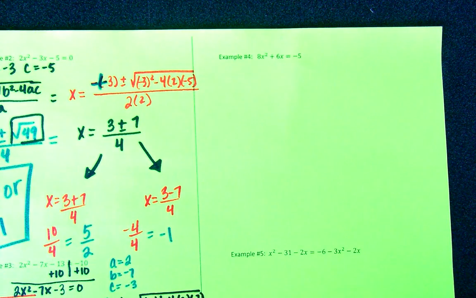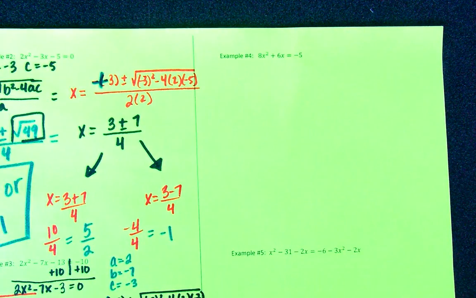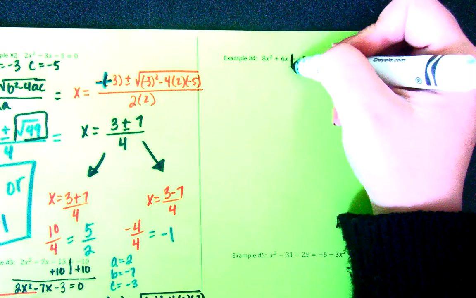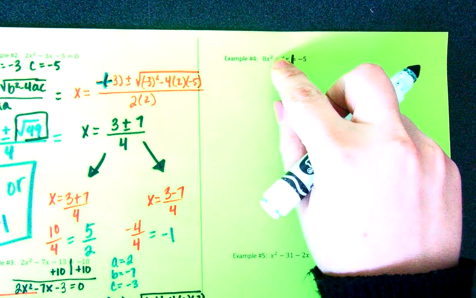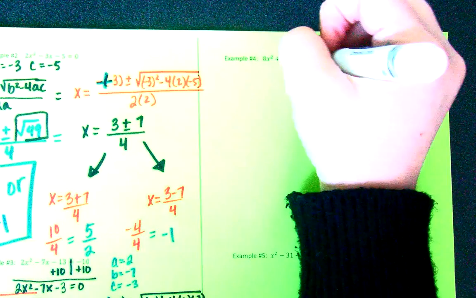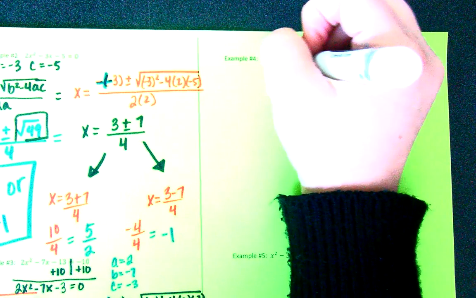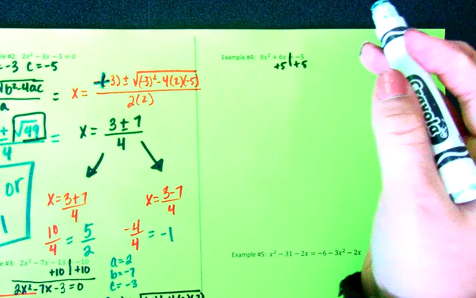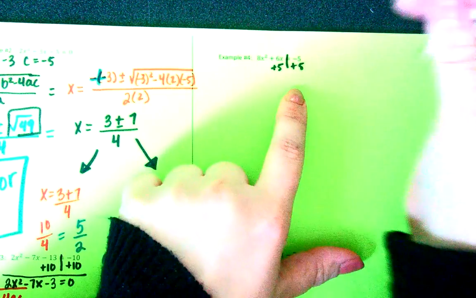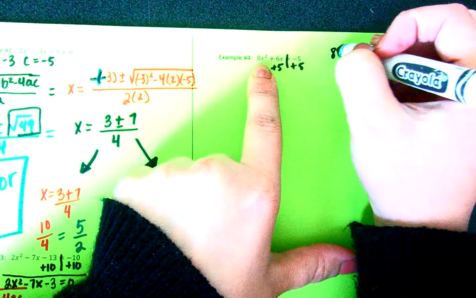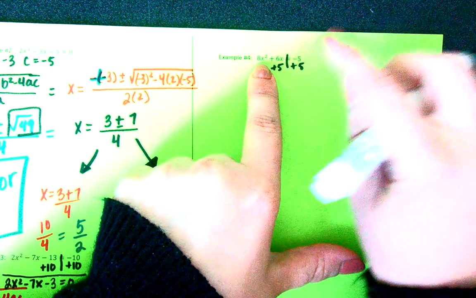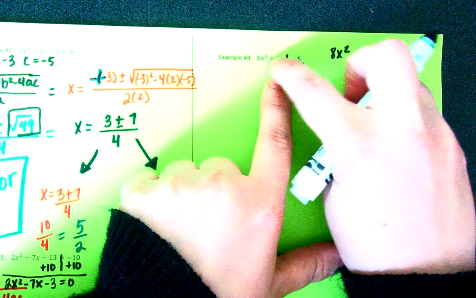Okay, the last one. Does it equal 0? No, it does not. So we got to move this negative 5 over. We got to make this 0. So we add 5, which means we have to add 5 to this side. And we rewrite it. Well, if we rewrite it, we have 8x squared. But can we add 5 to any one of these numbers?